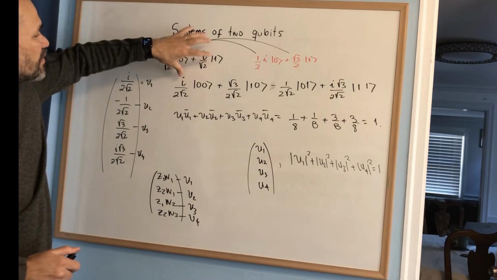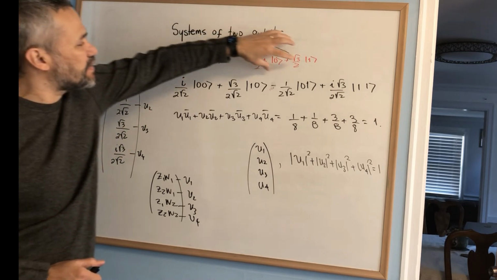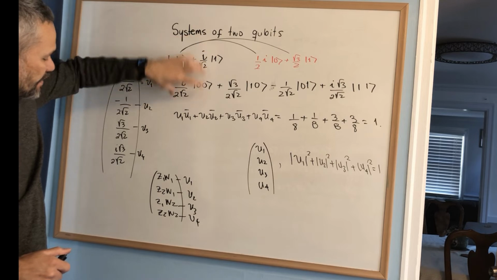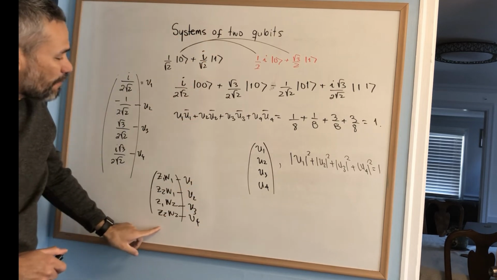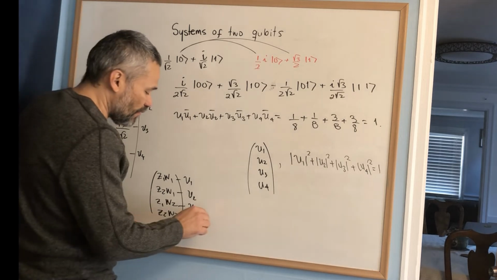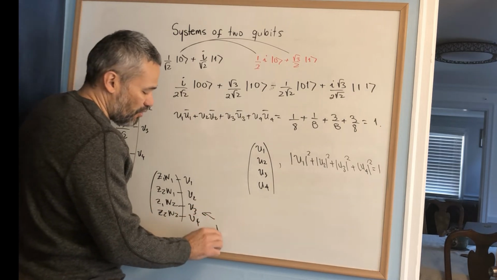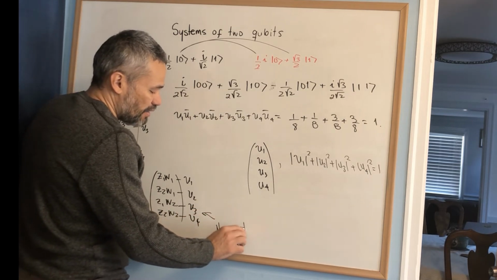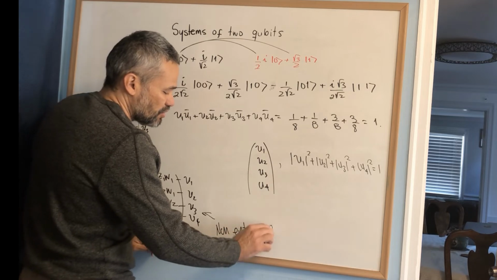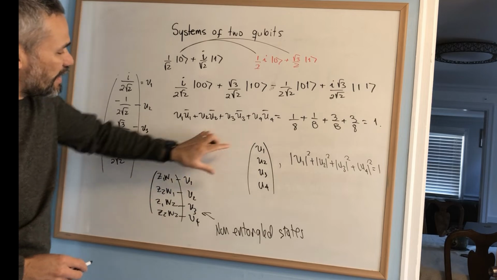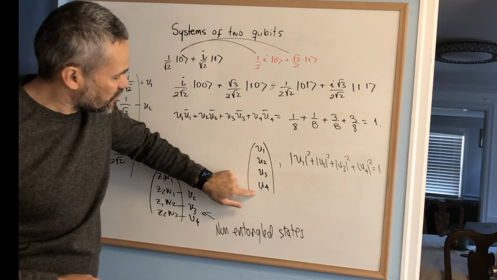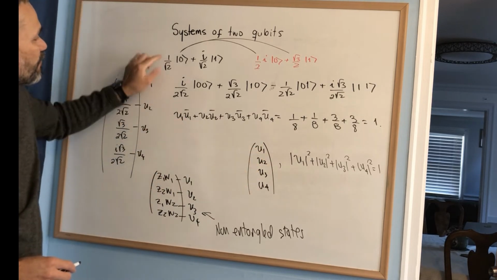When we have just the representation of two states like this, we get states that look like that, and these states are called non-entangled states. We can check that not every 4 vectors will be coming from something like this.